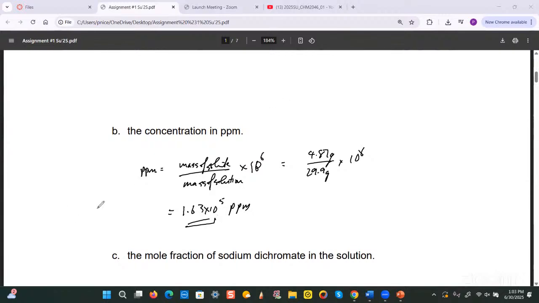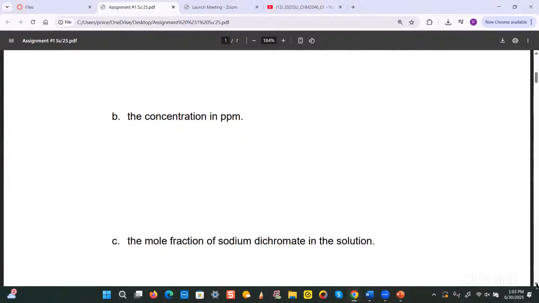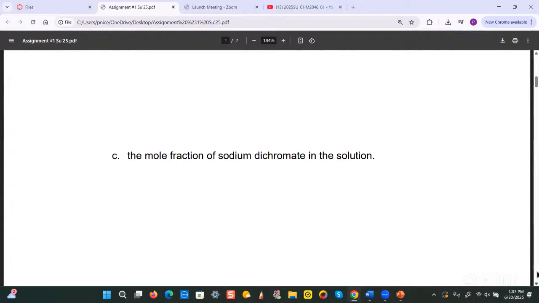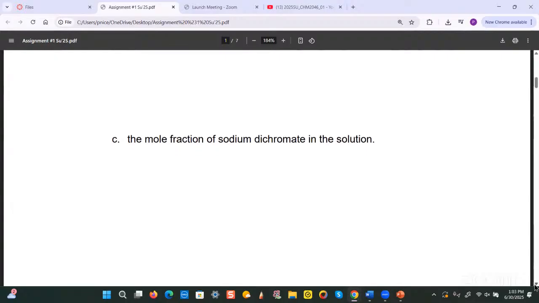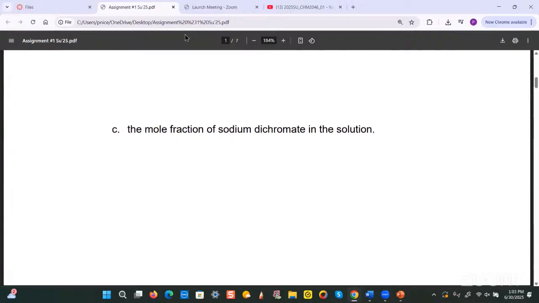Let me clear this. Let me scroll down. Okay, so this one is asking for the mole fraction of sodium dichromate, right? So if you remember what we said, mole fraction is moles of solute divided by total moles of solution.